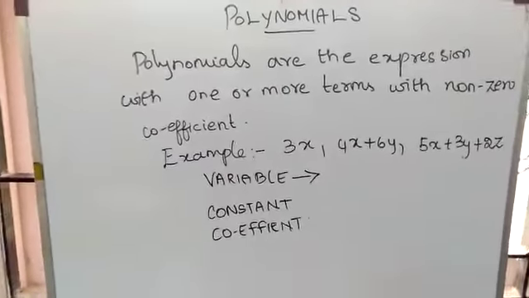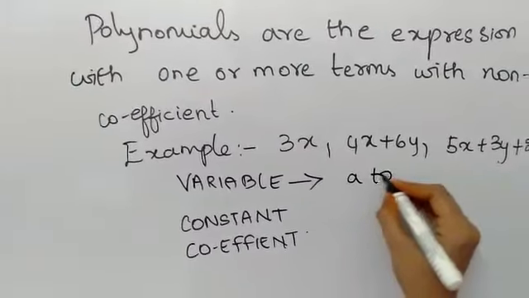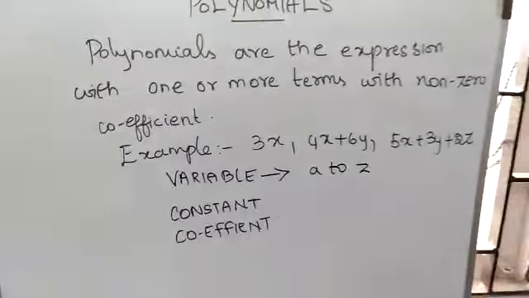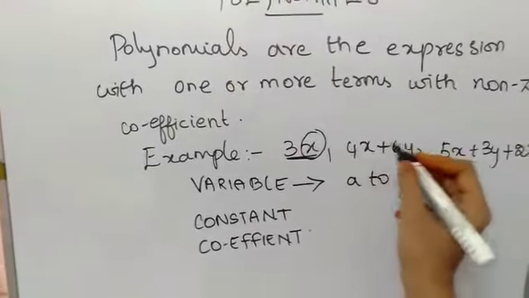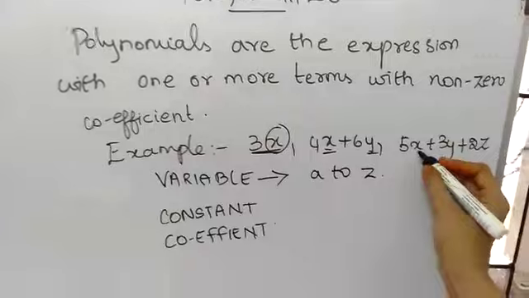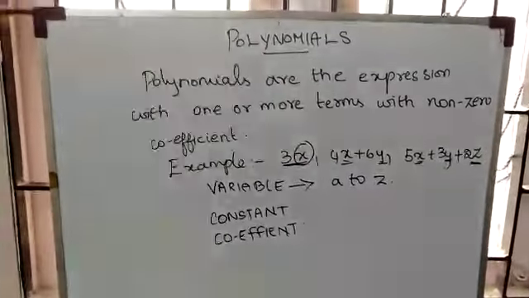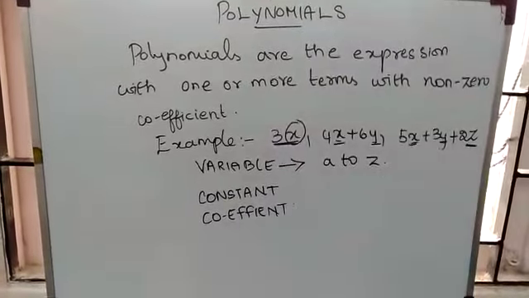So what is a variable? A variable is nothing but the alphabets from A to Z. It can be anything from A to Z. In this example, x is a variable. In this example, x and y are variables. And in this example, all the three, x, y and z, are examples of variables.